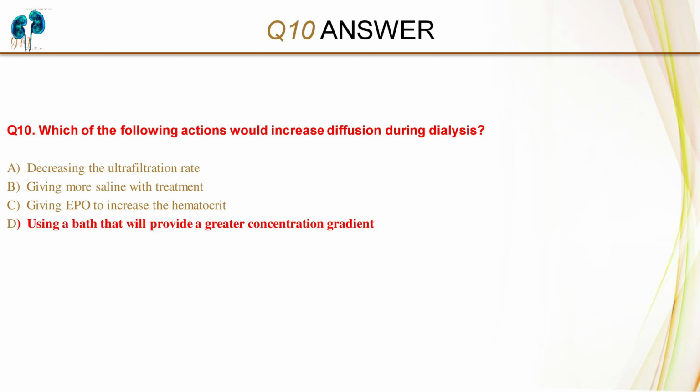So these are direct questions about factors affecting diffusion. You can go through our theory class, the last section. The answer is option D, using a bath that will provide a greater concentration gradient.